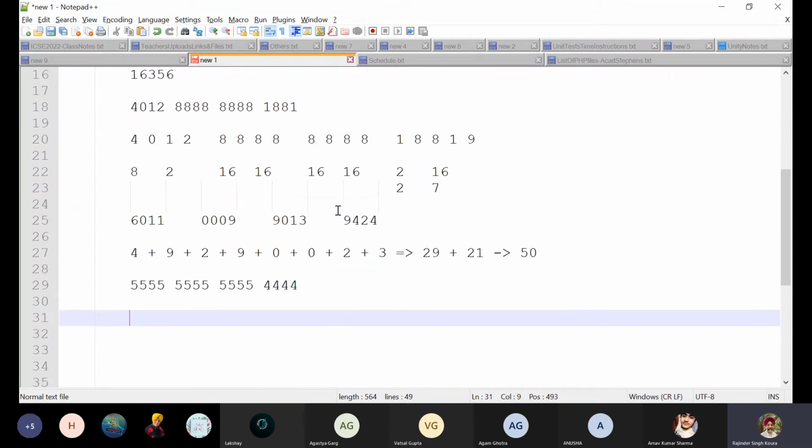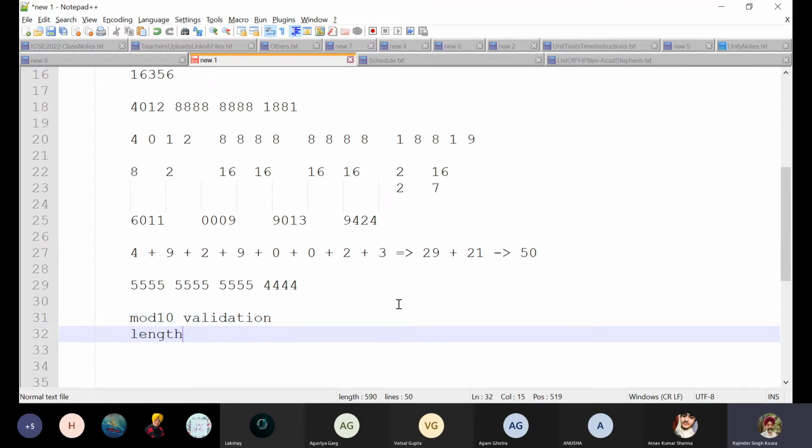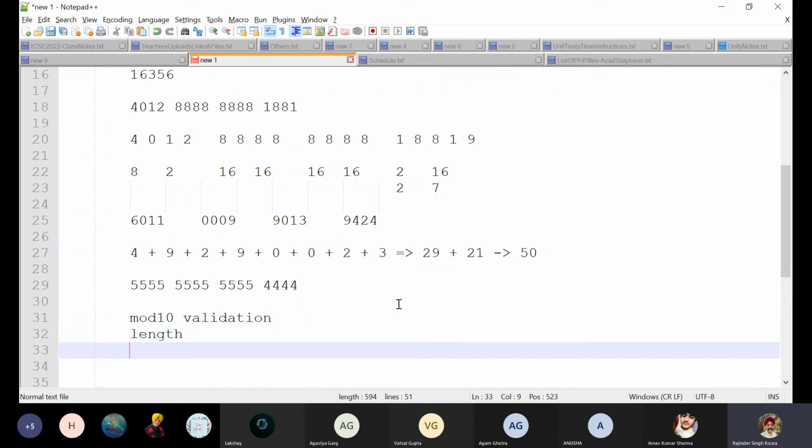So there are two things to the validation. This is called mod 10 validation, and the second is the length validation. These are the two things that you will check in the beginning.